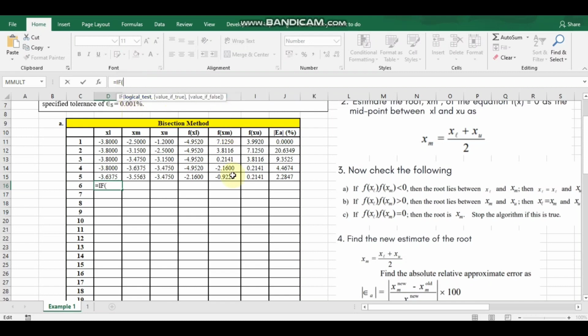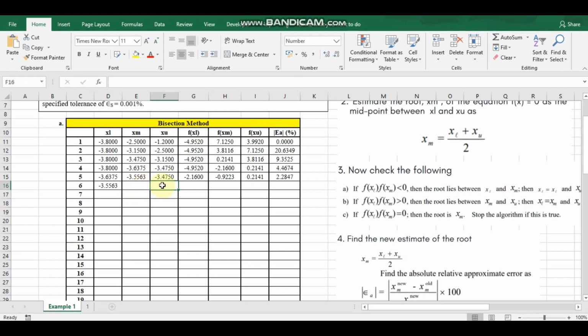If xl times f of xm is less than 0, then xl, else xm. Then enter. It is a command to make xl stay the same and xm will be xu if the product is less than 0, and if it does not satisfy the condition, the system will do the opposite.